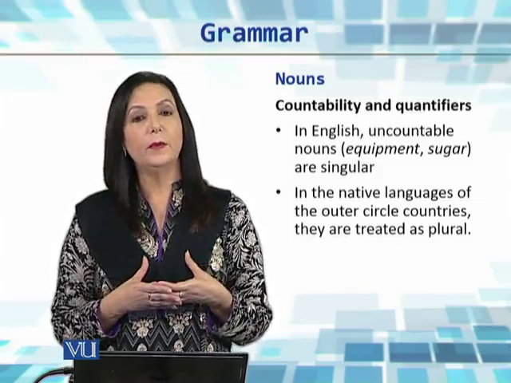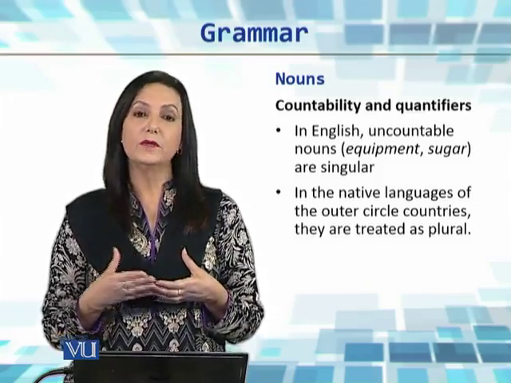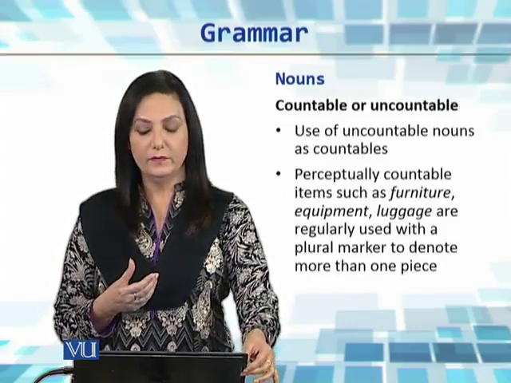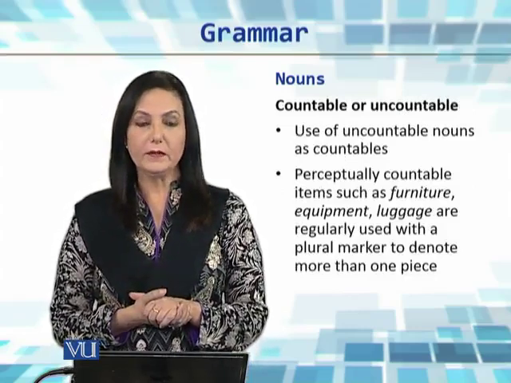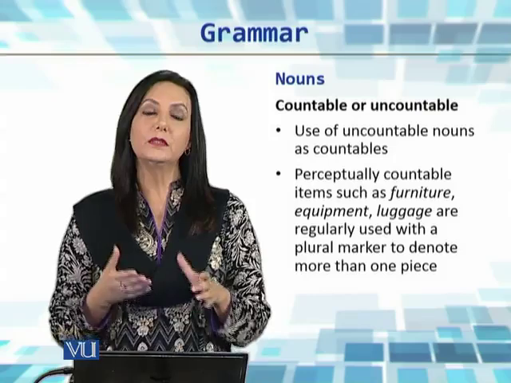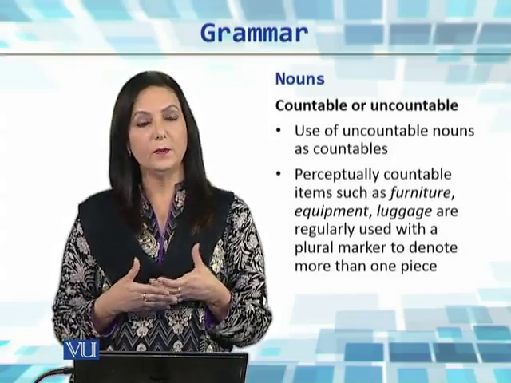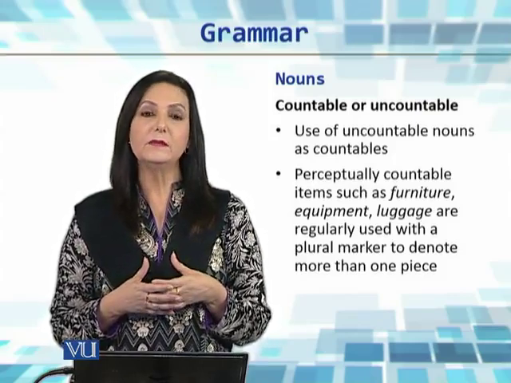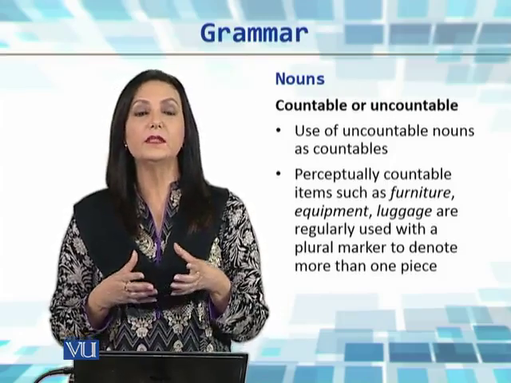And therefore, when they use these nouns in English, because of the interference of their first language, they use a plural of these nouns. So what they do is they use these uncountable nouns as countable nouns by adding s, changing them into plurals.